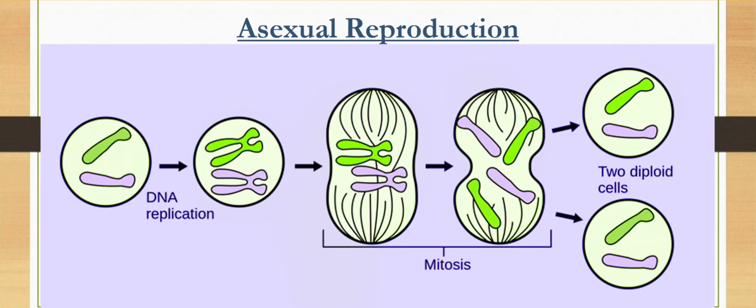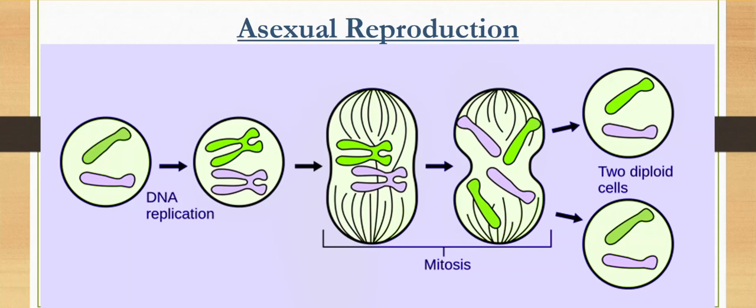After the cell division, the new cell and the original cell restart the cell cycle again. As you can see in the picture, two diploid cells or offspring are produced through the process of mitosis.